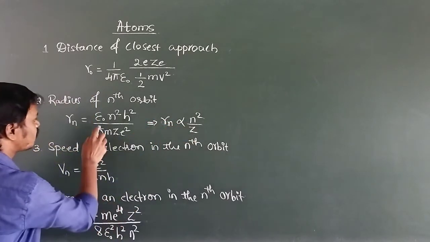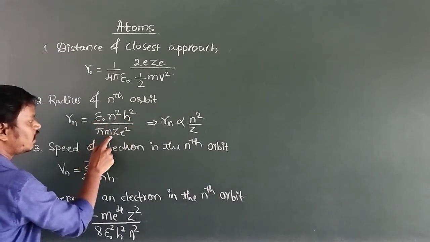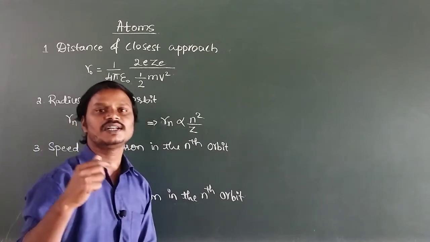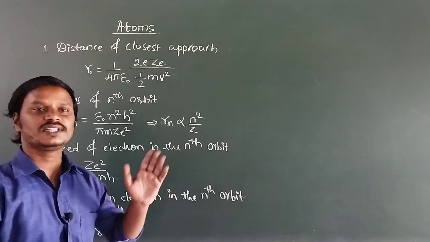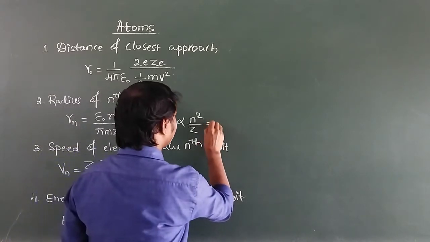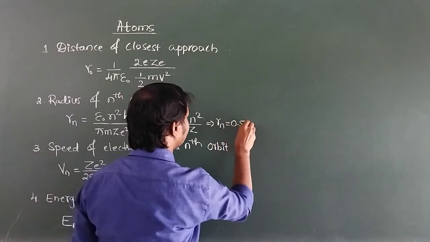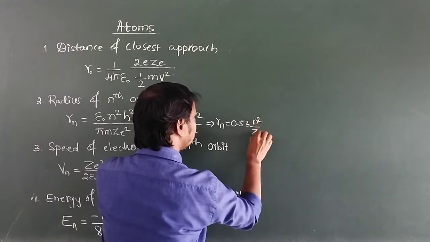If we substitute the values of epsilon naught, h square, pi, m and e, we will get the value 0.53 into 10 to the power of minus 10, that is 0.53 angstrom. That is Rn is equal to 0.53 n square divided by Z.